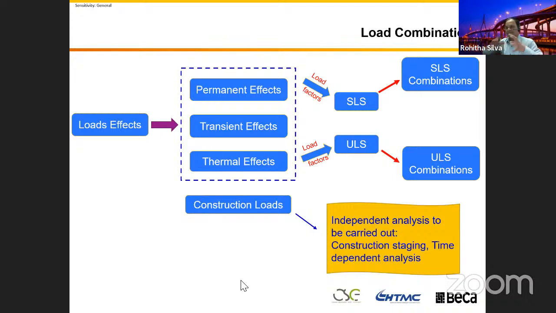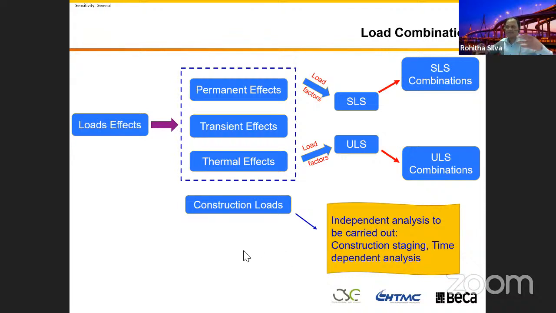Then these effects we combine, and we separate them into what we call the serviceability limit state, SLS, and the ultimate limit state. The load factors are used in different ways in different codes.